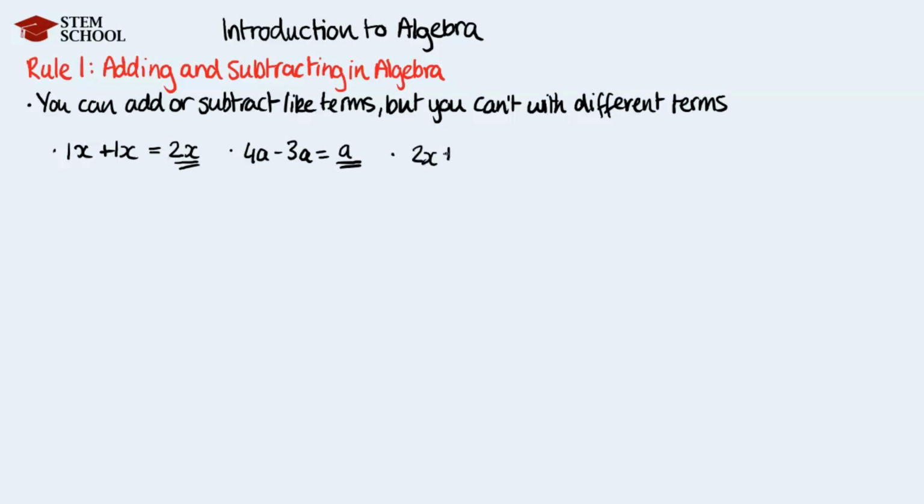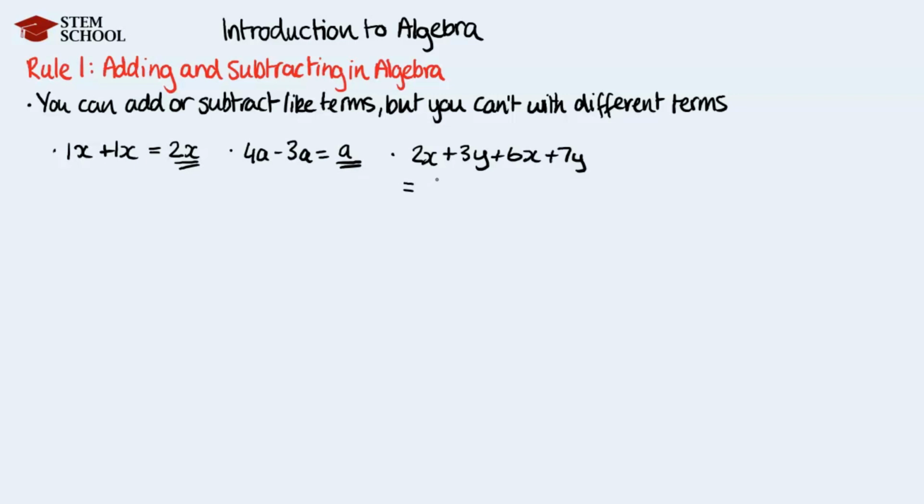Now let's step it up a little bit. Let's do 2x plus 3y plus 6x plus 7y. Here we've got two different letters, an x and a y. We can only add or subtract like terms, and we can't add or subtract different terms. The easiest way to tackle this is by separating them into brackets.